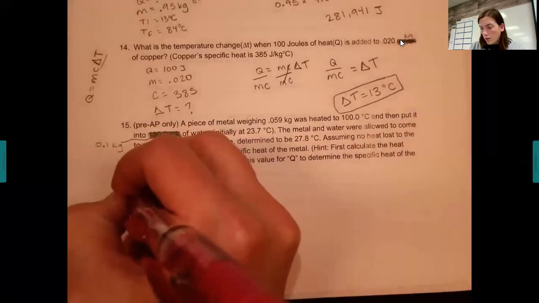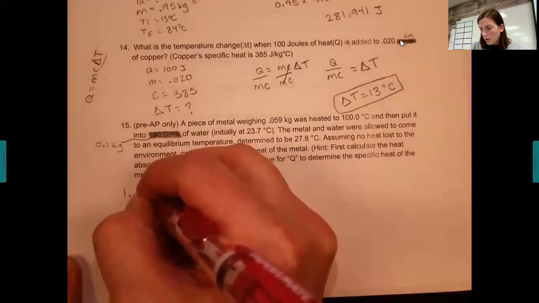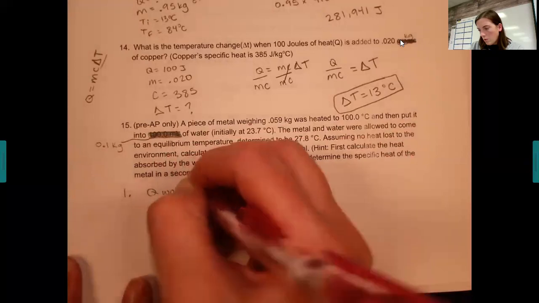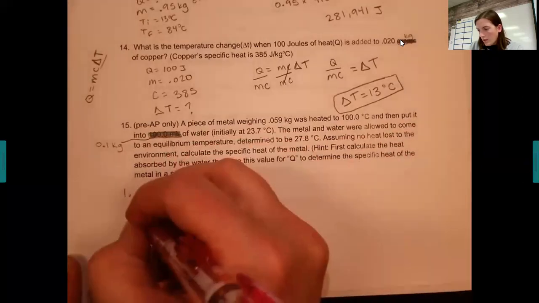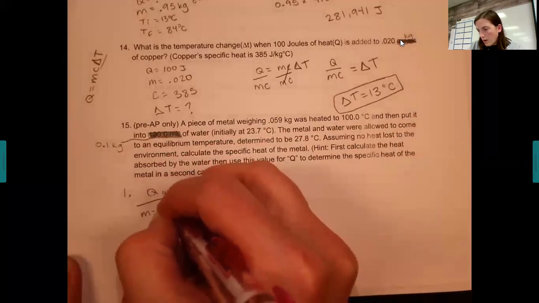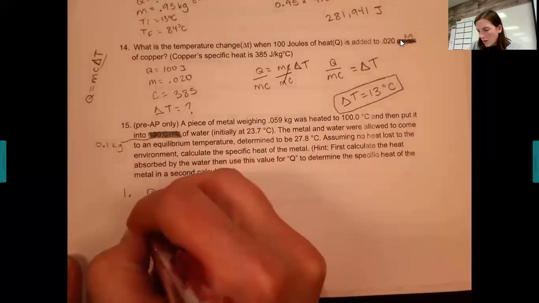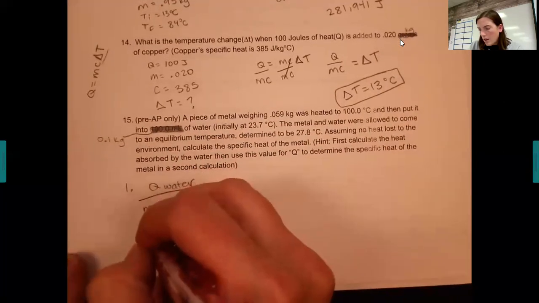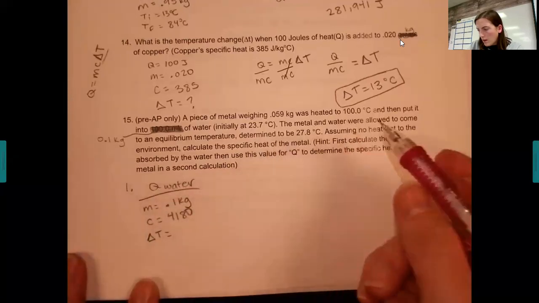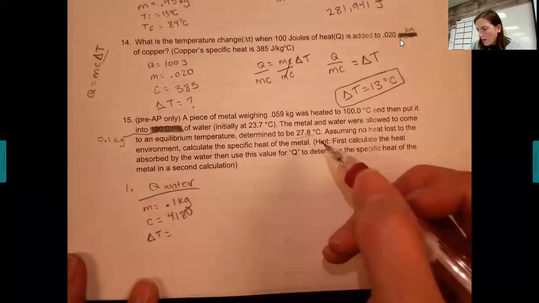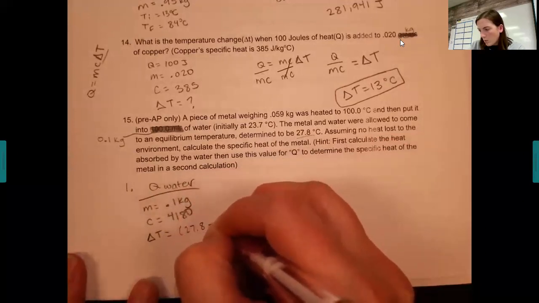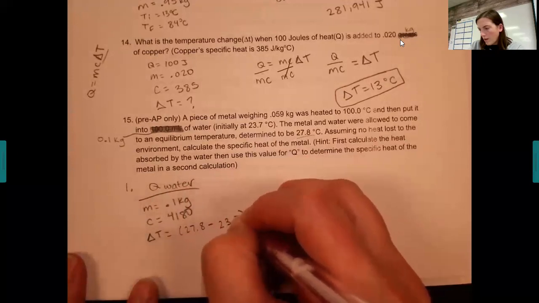First we're going to do water. So Q water. It tells us the mass of water is 0.1 kilogram, we know the specific heat is 4,180, and then the change of temperature: it initially was 23.7, but its final is 27.8, so 27.8 minus 23.7.